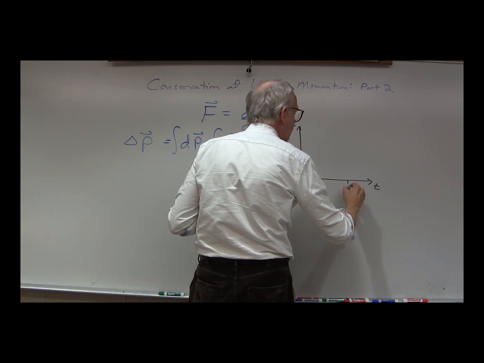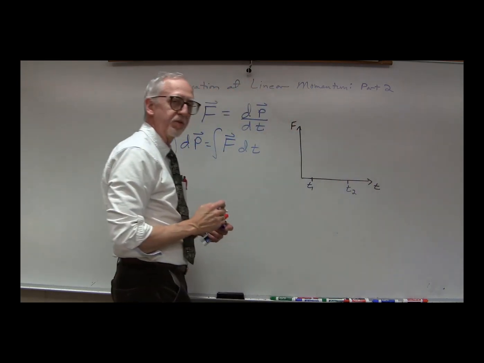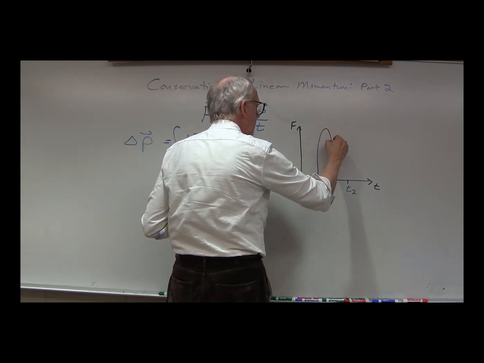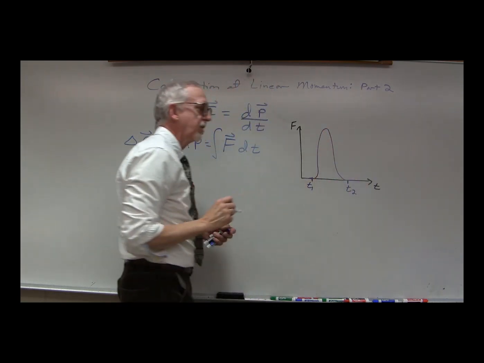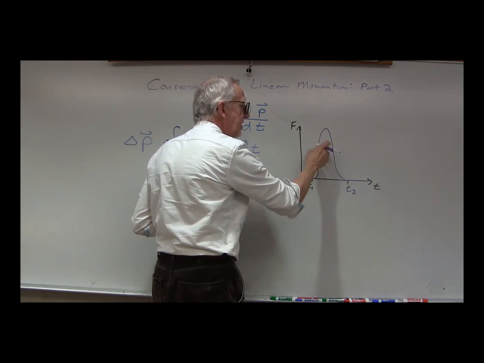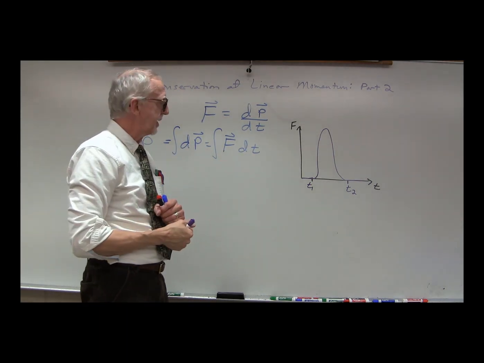And after some final time, call it t2, we have zero force. But then in between, the force gets large and then decreases and is zero. So it's during this time from t1 to t2 that we actually have the force of interaction taking place.